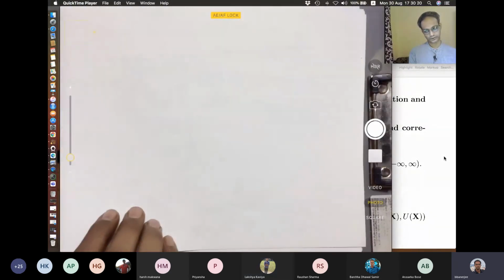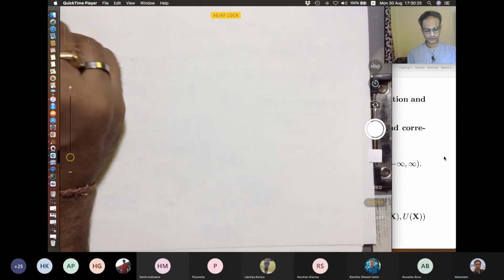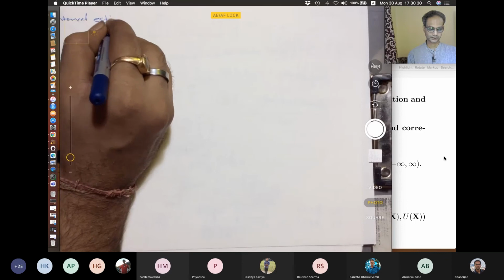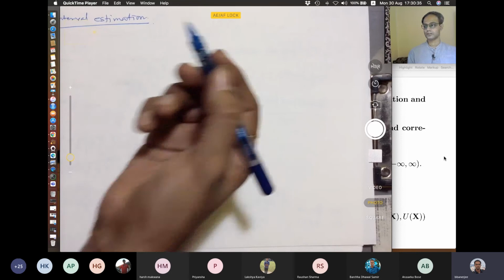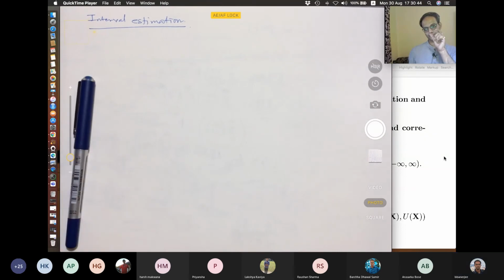So now let us talk about interval estimation. Already in the very first lecture you have seen this when we talked about the height-weight distribution. For a given height, the weight had a range, always a range.